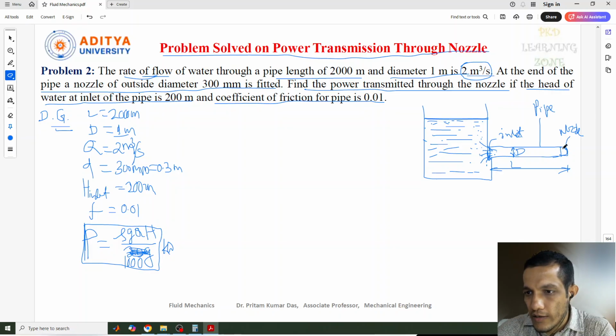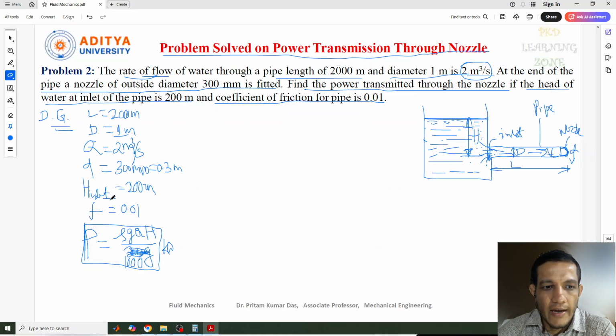Here the diameter of the nozzle is small d, and the velocity of the fluid coming out from this nozzle is small v, and the velocity of the liquid flowing through this pipe is capital V. The head at the inlet of the pipe is capital H. This value capital H is given as 200 meter from the surface level.